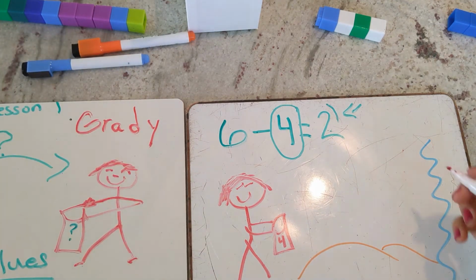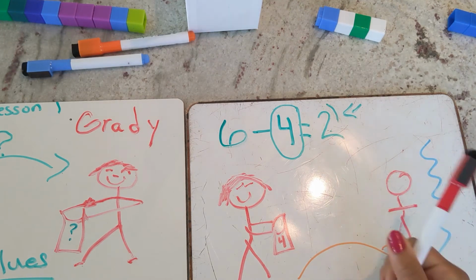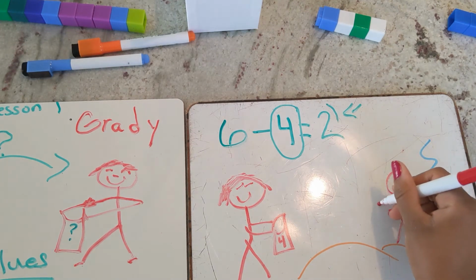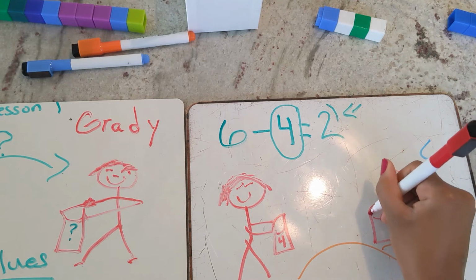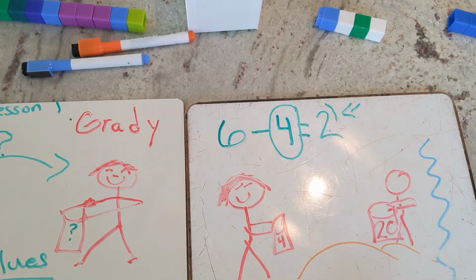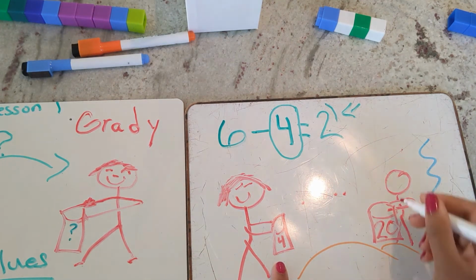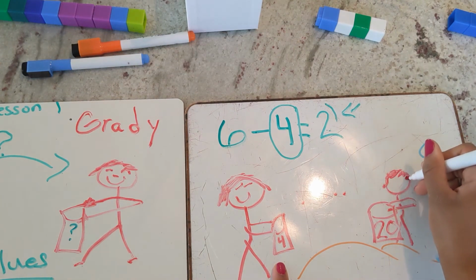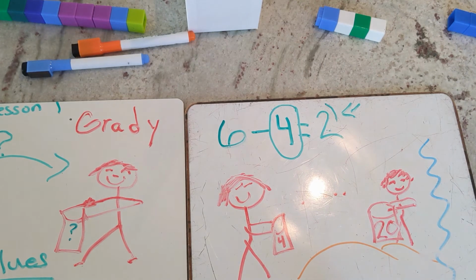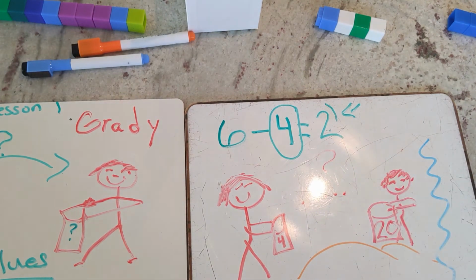And now Grady has 20 seashells. So he went from having 4 to collecting a bunch and having 20. The mystery is, how many did he collect?